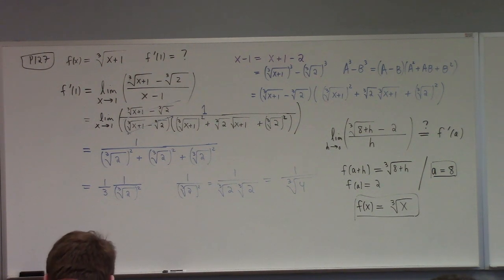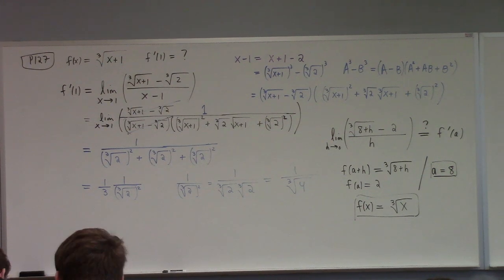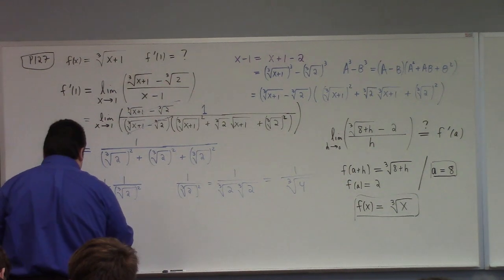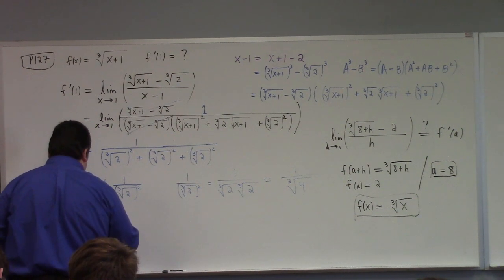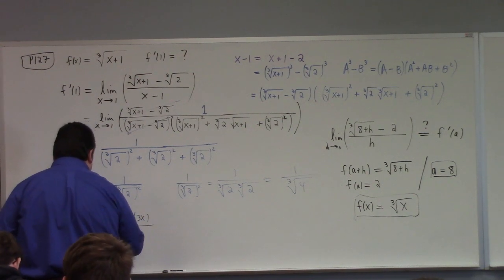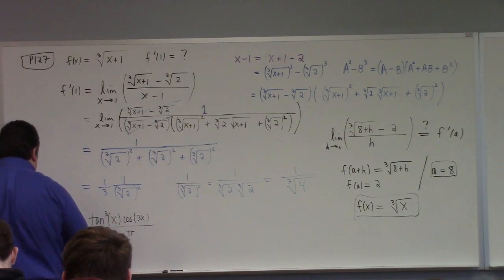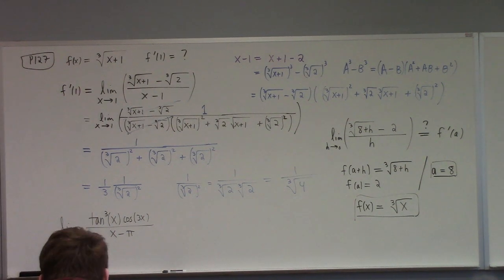You've got tangent cubed x cosine 3x divided by x minus pi, and the limit is as x goes to pi. We're supposed to identify this as a derivative of some function, yeah?